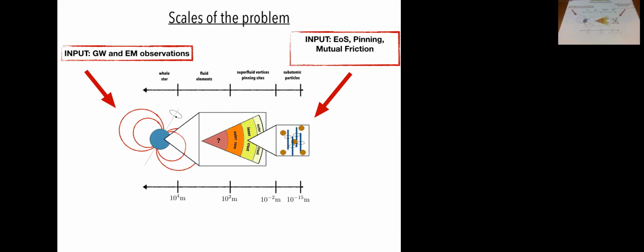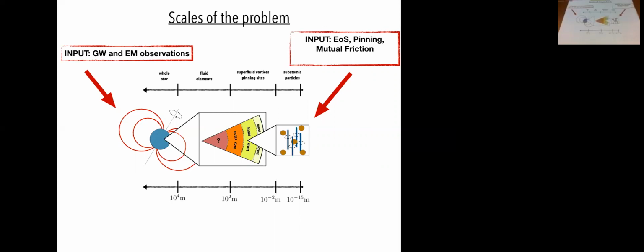But then if we want to do hydrodynamics, we want to move up in scale, we want to deal with fluid elements. So we have to average over several vortices that define the superfluid velocity for our fluid element. And this is already quite a jump in scale, because your vortex has a coherence length that depends on density, but say 10 Fermi. But then the separation between them is quite large.